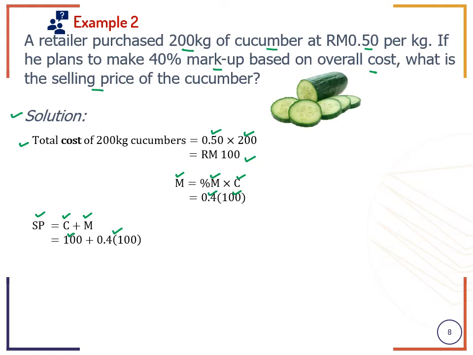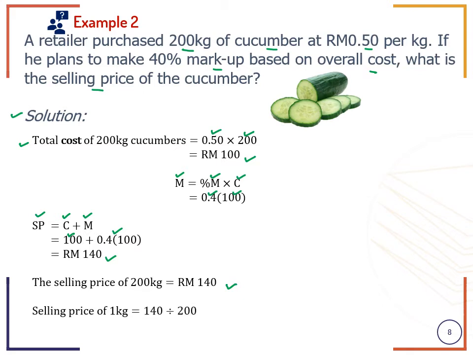Therefore, selling price is equal to 140 ringgit. Here, we can say that the selling price of 200 kg is 140 ringgit and the selling price of 1 kg of cucumber is equal to 140 divided by 200, which is equal to 70 cents.